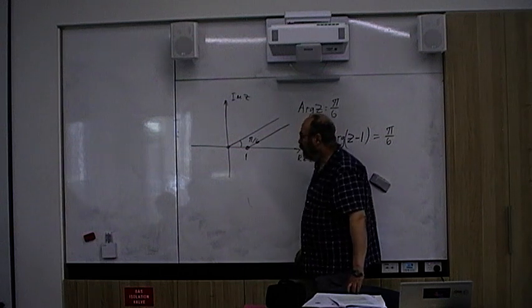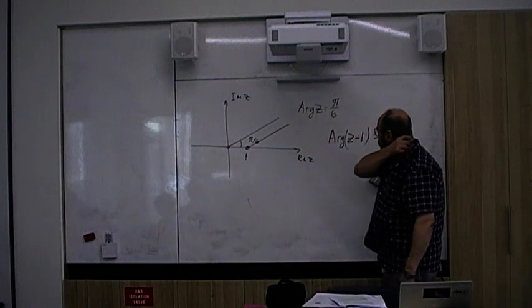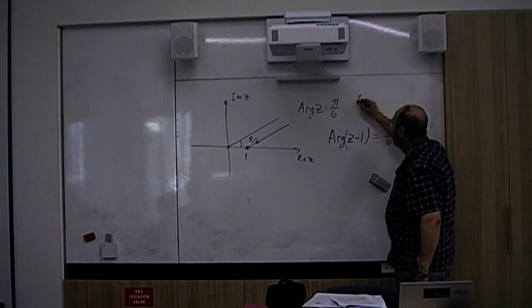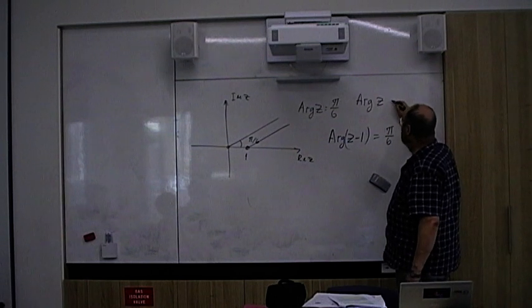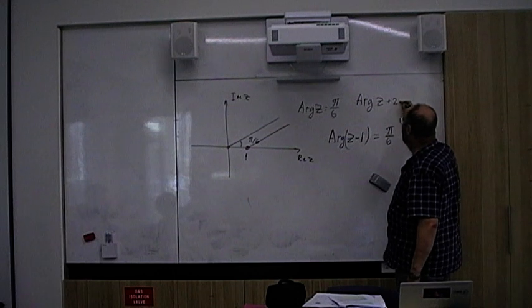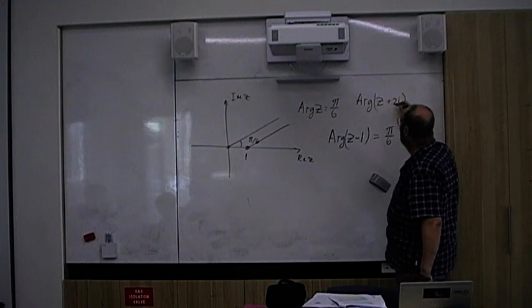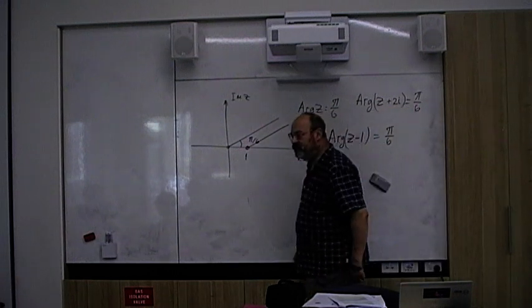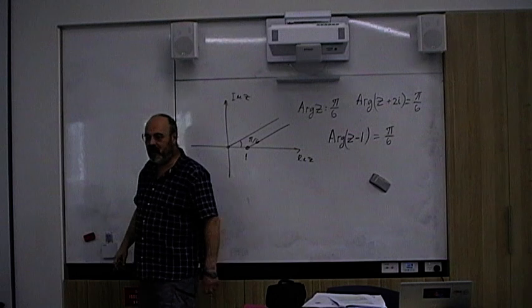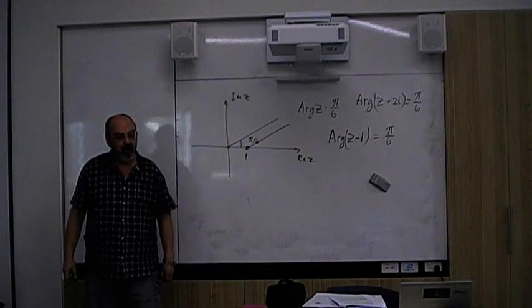Now, what will it be if I write argument z plus 2i equals pi on 6? Well, we're translating it by the y value, down. We've got 2 down.